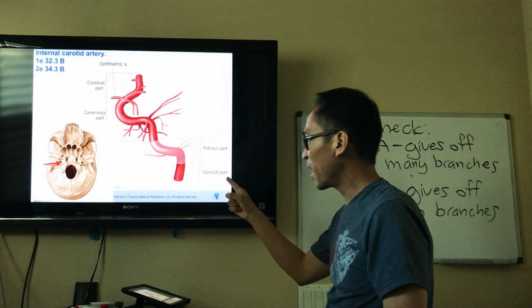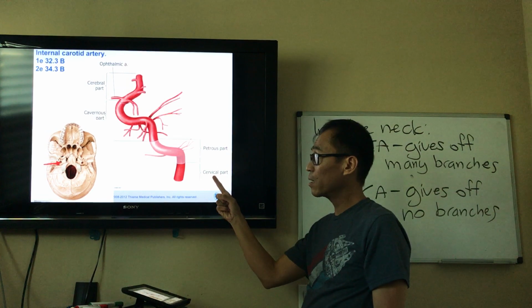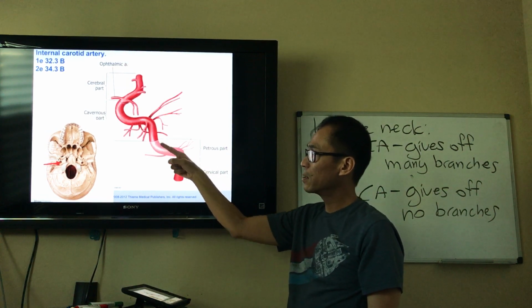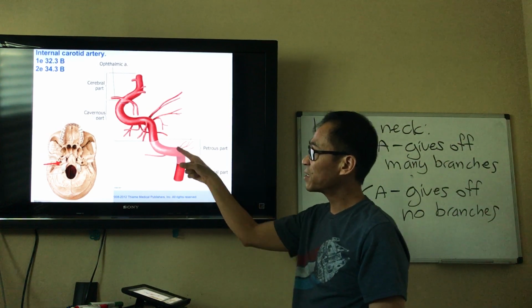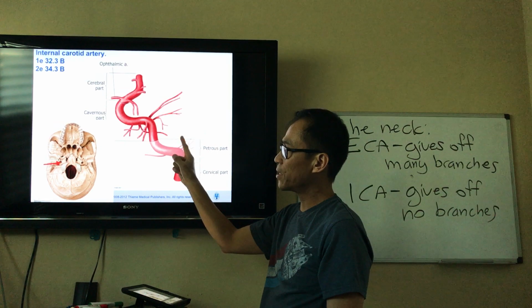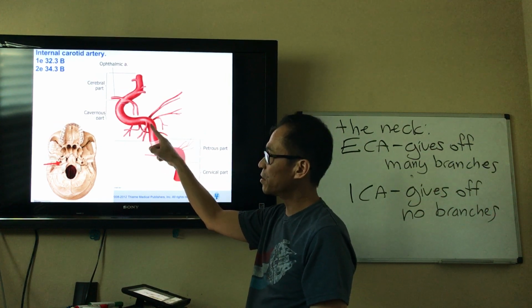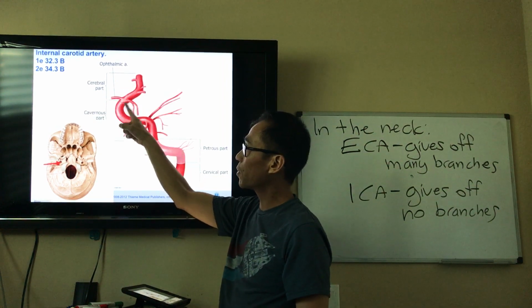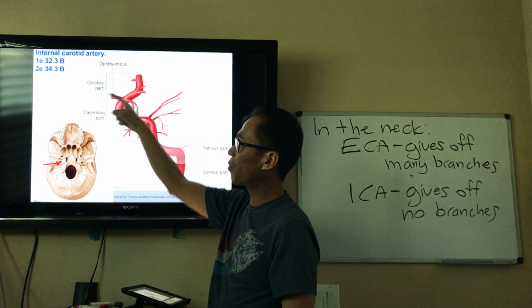Here's the ICA in isolation. So down here it says cervical part. That's when you're in the neck. Petrous part is what goes through the petrous region of the temporal bone. That's our carotid canal. And it kind of gets in the skull. There is one branch of the ICA you have to know. Do you see kind of where the ICA makes this U-turn here? When it makes this U-turn, after it finishes making that turn, it gives off one branch that goes forward to the eye.